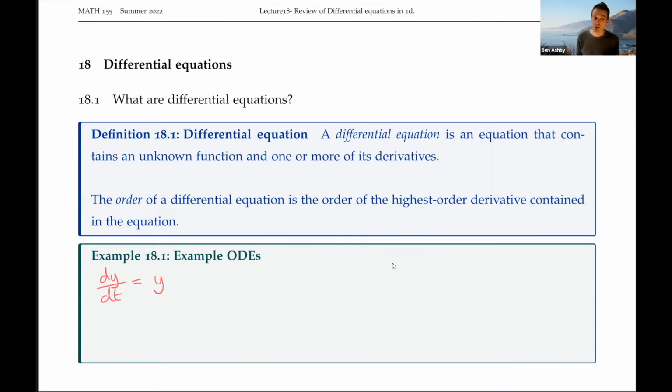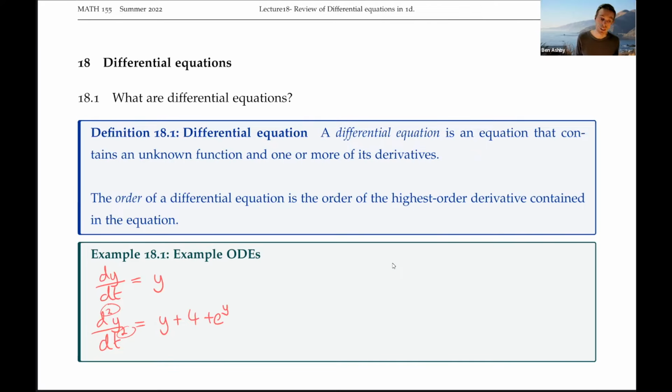It is first order, because the order of the differential equation is the order of the highest order derivative. We just have dy/dt, so we have order 1 here. We might also see something like d²y/dt² = y + 4 + e^y, say. The highest order derivative is 2, so this is a second order differential equation.